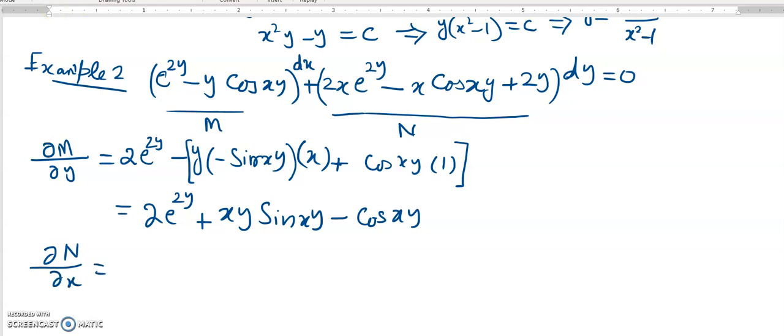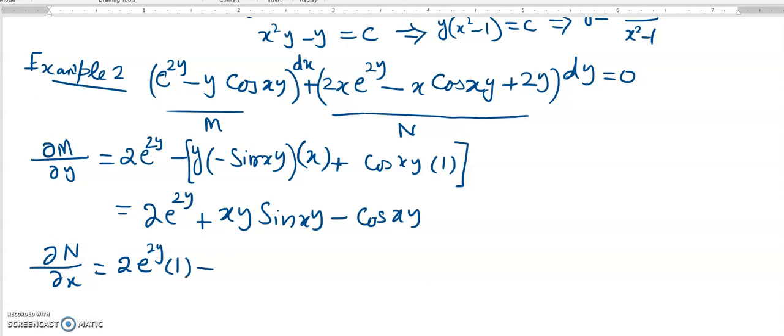Whether it is equal to partial N over partial x, we need to check. Now we differentiate with respect to x. e power 2y is a constant, so it will be 2e power 2y into the derivative of x, which is 1.